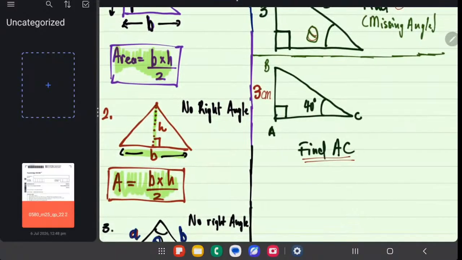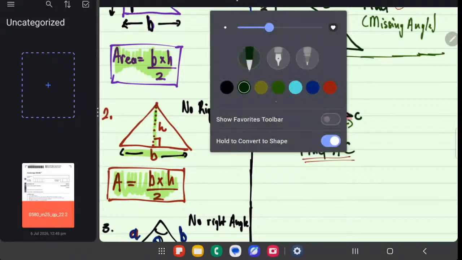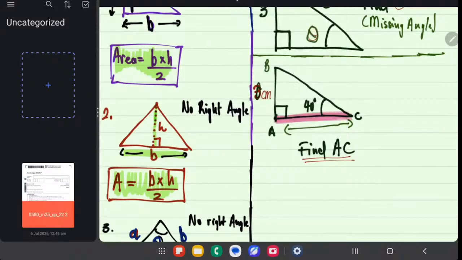Here, what about if they ask you to find AC, which is this side here? AC means the side which comes from A and goes to C. They say, find AC. But look what they gave you, Alex. Can you look into your triangle? What did they give you? 3 centimeters, right? It's a side, right?